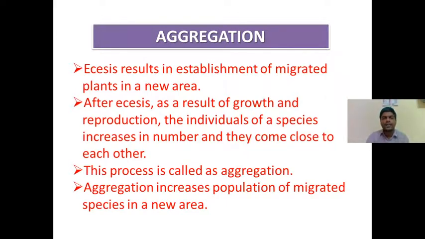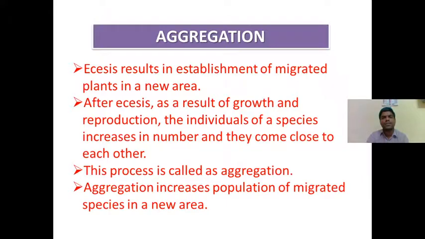As said earlier, the plant will grow in a totally new area, growth and development will take place, and finally the adult plant will produce flowers, fruits and seeds. The seeds will be dispersed in nearby areas and those seeds will germinate into new individuals. So this process will continue for years and years.